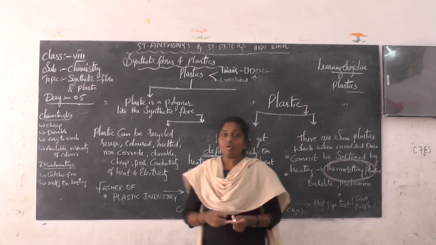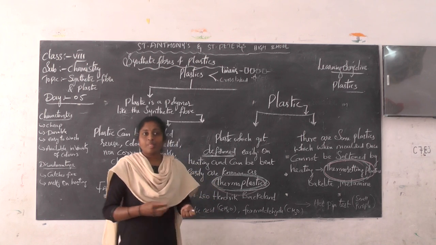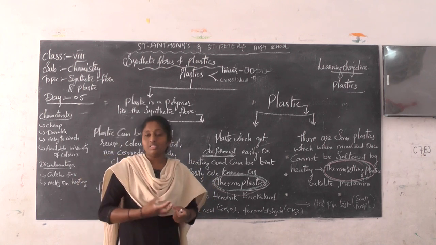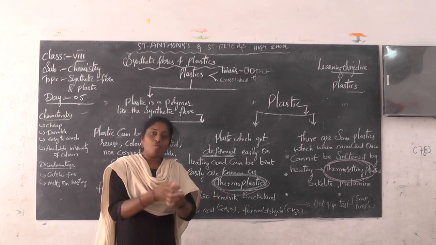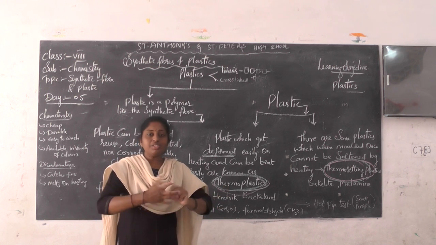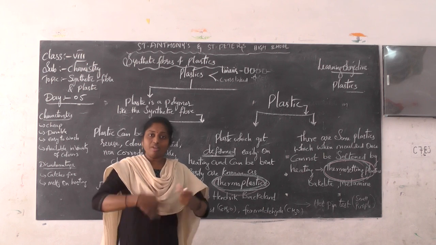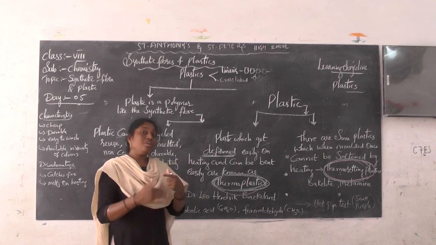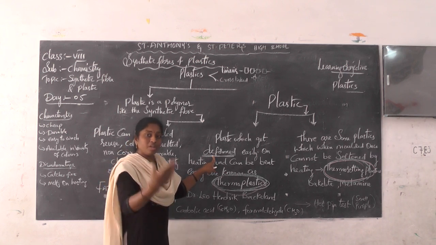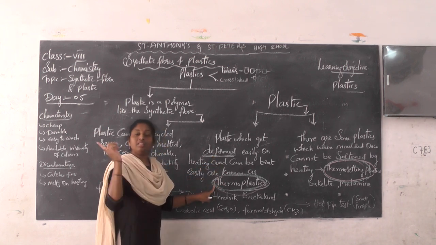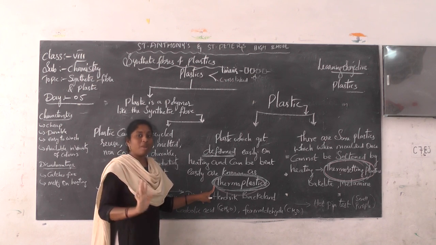See here, you have small water bottles, small plastic containers with you. Sometimes when you heat it, it will melt and change into different forms, or be molded into different forms. If it is deformed into different forms, it means that particular plastic is a thermoplastic.